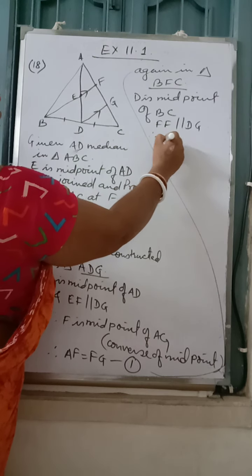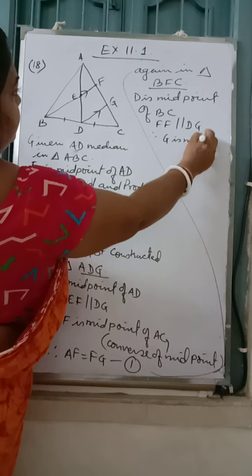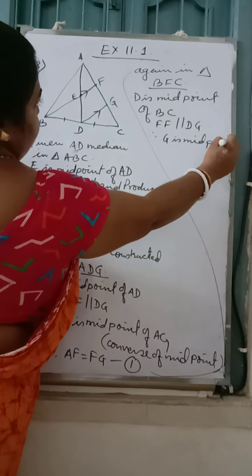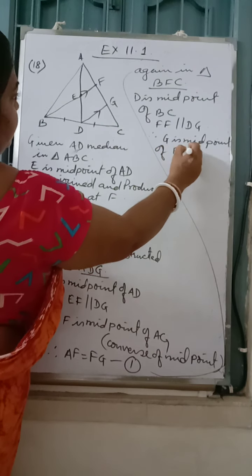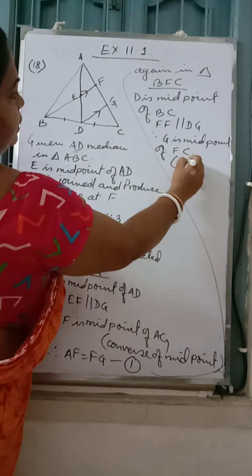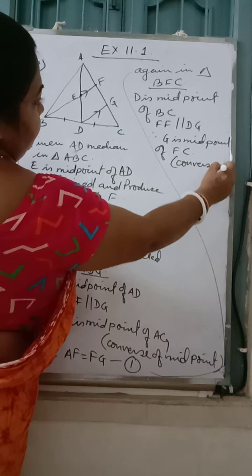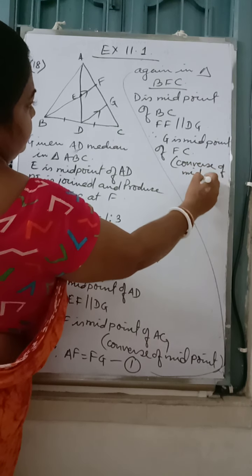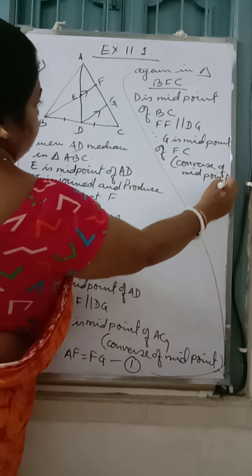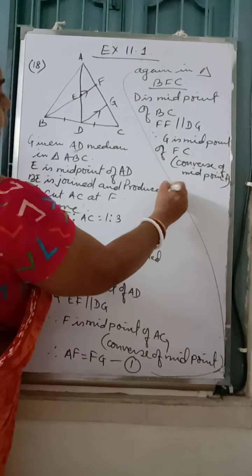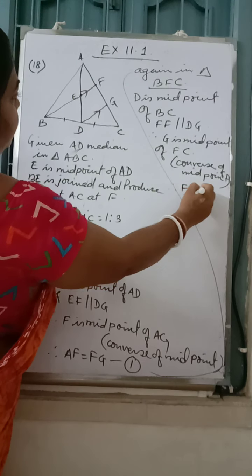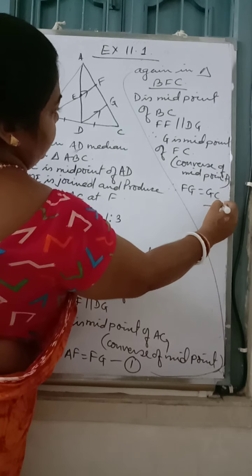So G is the midpoint of FC, by the converse of the midpoint theorem. So we can write FG is equal to GC, situation number 2.